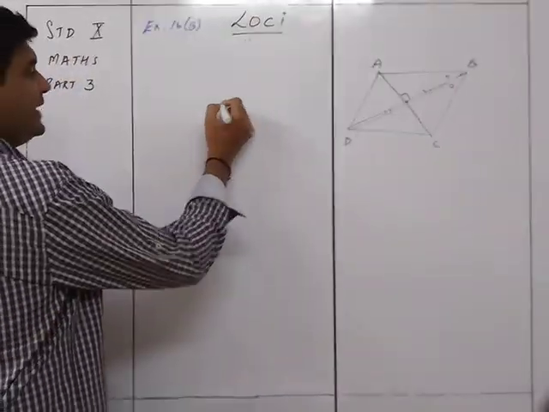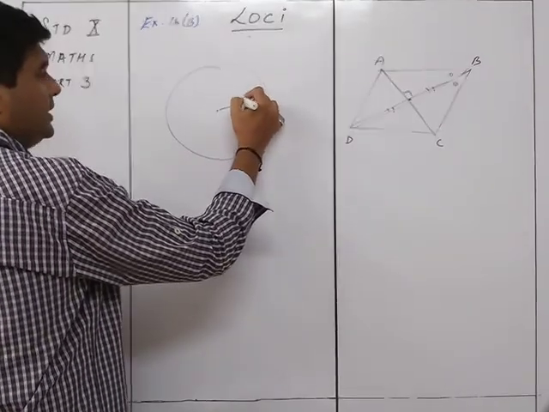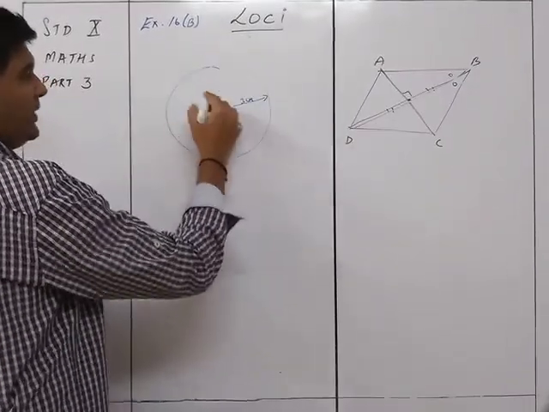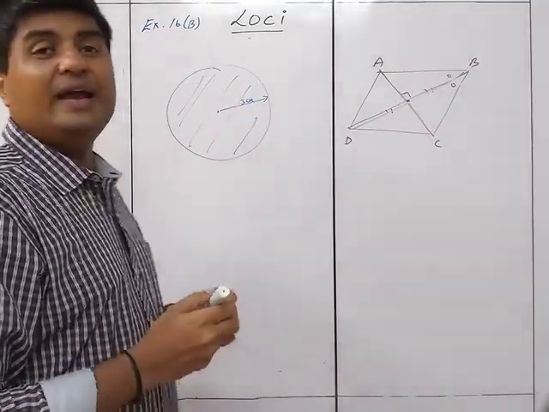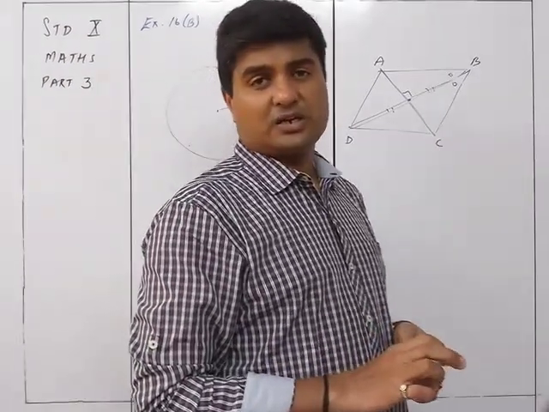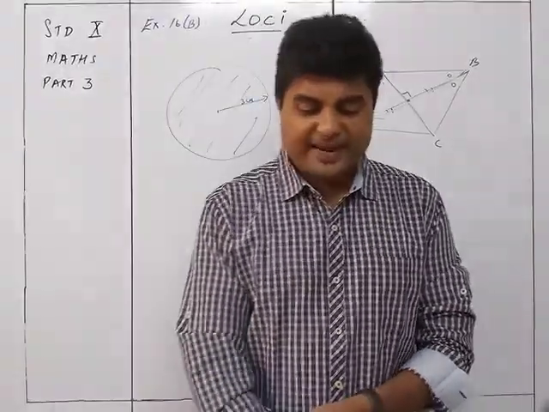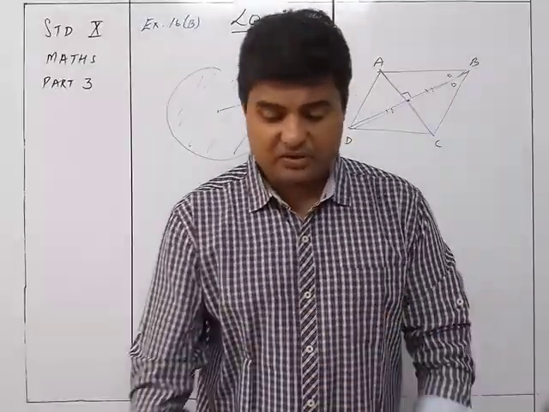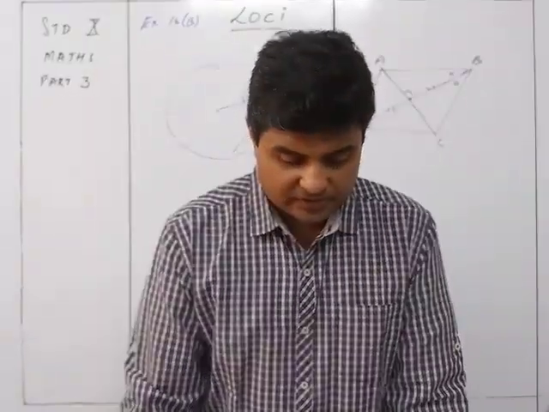There is a circle having the radius equal to 3 centimeters, but we are not talking about the circumference. We are talking about only the points within the circle. So it is the interior of the circle. The locus will be the interior of the circle, or the space inside the circumference of the circle with radius equal to 3 centimeters.